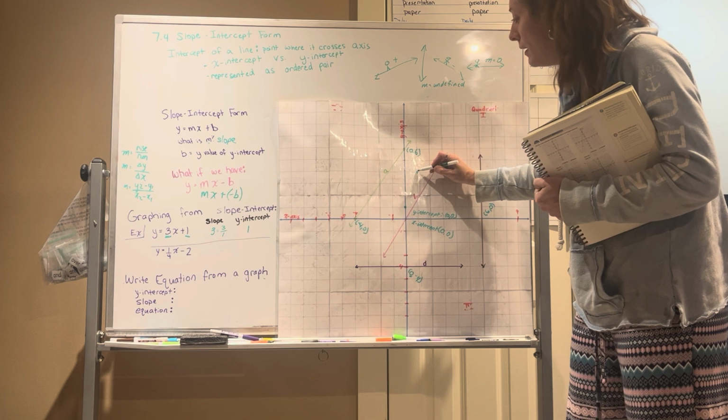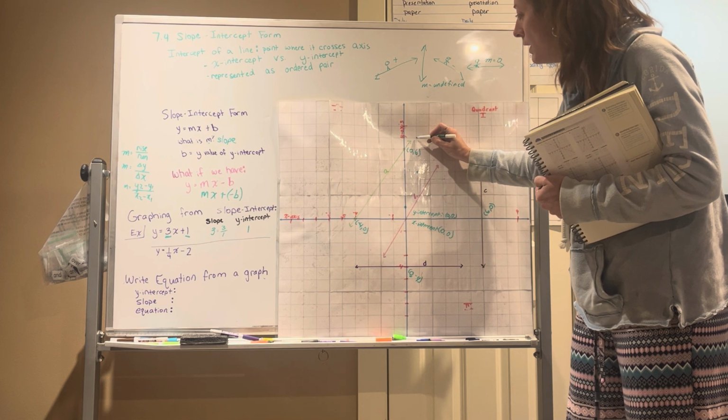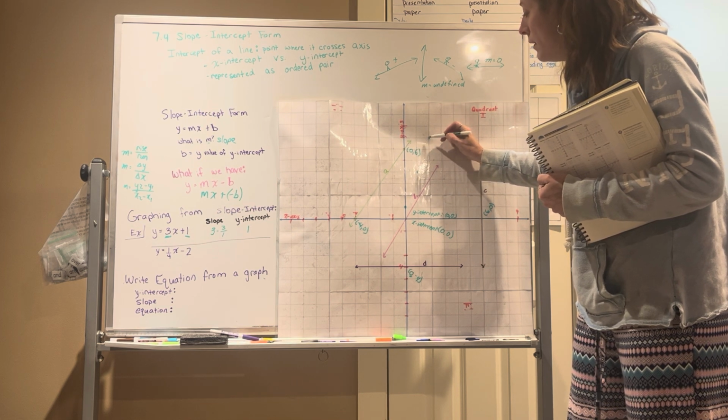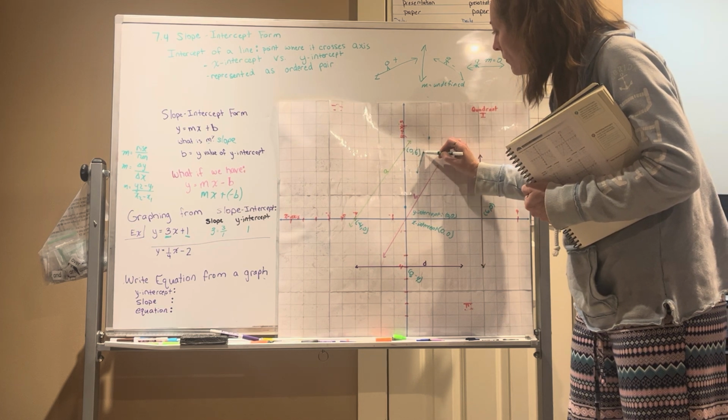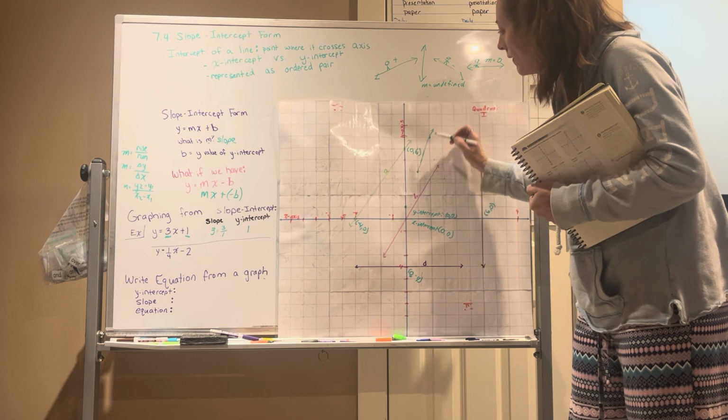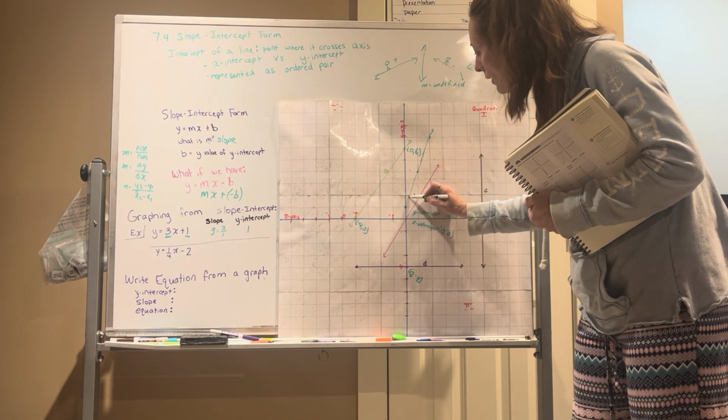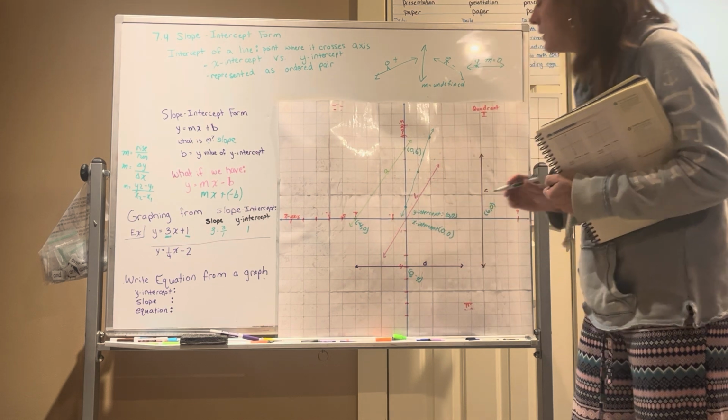And we could do it again, 1, 2, 3, 1, and then do our best to connect those. I'm not going to get the ruler out right now. It's not exactly straight, but the line would look something like that.